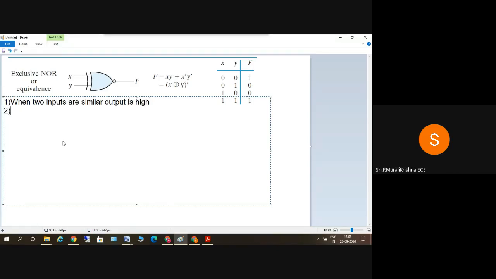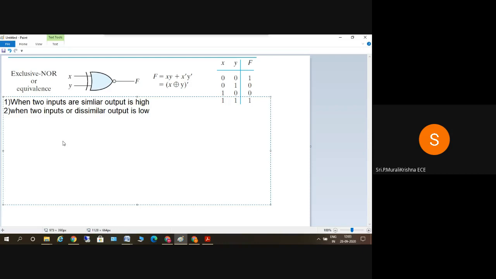When two inputs are not similar, dissimilar, output is low.